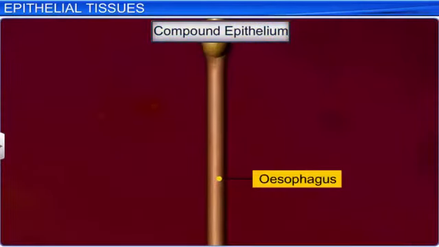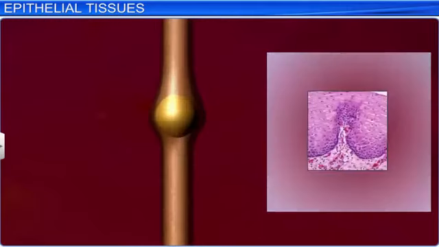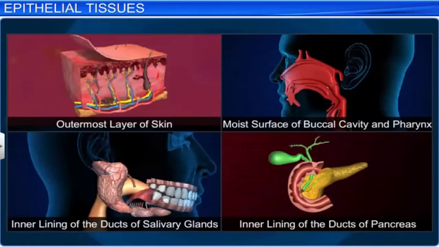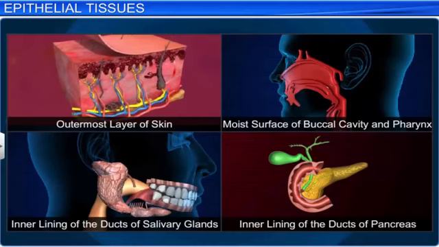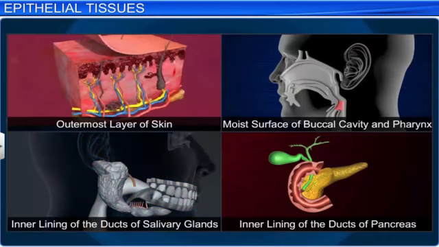Its chief function is protection against mechanical and chemical stress, and it plays a limited role in secretion and absorption. It is present on the outermost layer of the skin, the moist surface of the buccal cavity and pharynx, and the inner lining of the ducts of the salivary glands and pancreas.